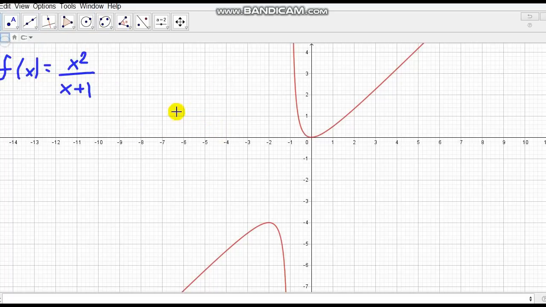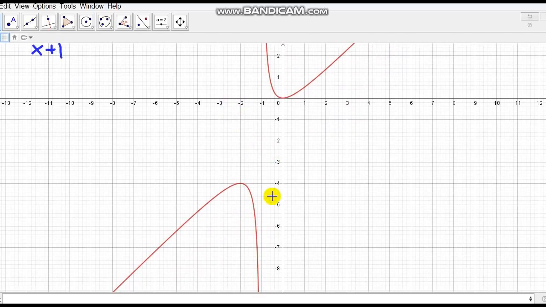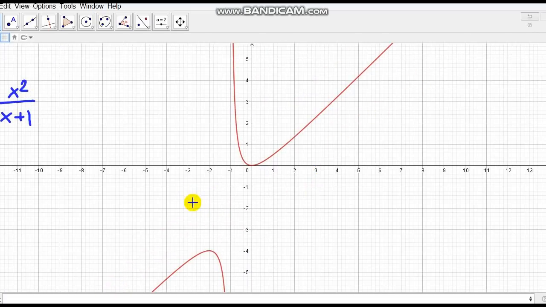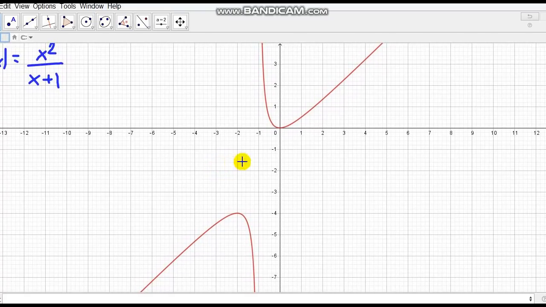Now for the domain, we can see here that the graph moves downward to the left and upward to the right. So we can safely say here that the value of x moves towards -infinity to the left and +infinity to the right, except when x equals -1, since that is its vertical asymptote.